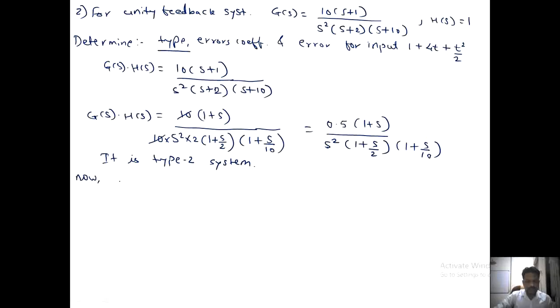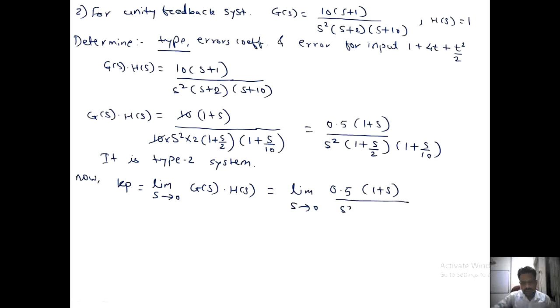The first error coefficient is the positional error coefficient, known as kp, and kp is limit s tends to 0 of g of s into h of s. So equal to limit s tends to 0 of 0.5 (1 plus s) by s square (1 plus s by 2) and (1 plus s by 10).